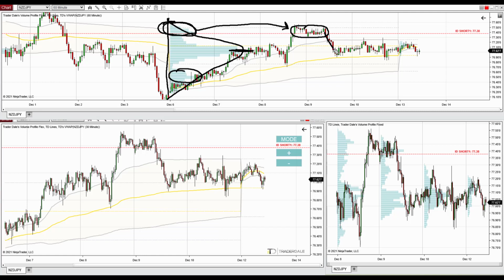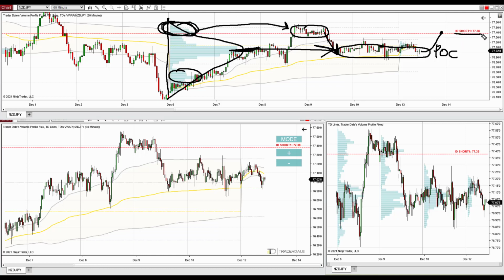From there, that was a strong selling activity back towards the point of control, right? The way you trade this, I mean the D-shaped profile, is you wait for pullback to that significant volume cluster.